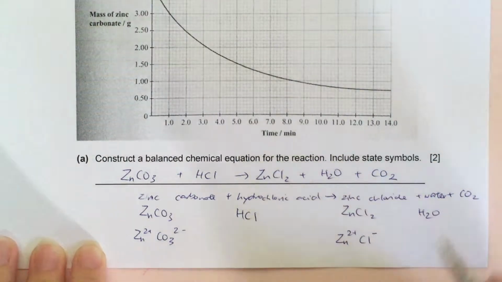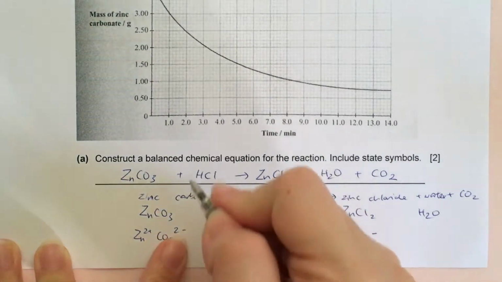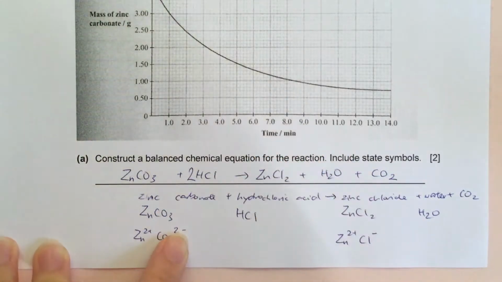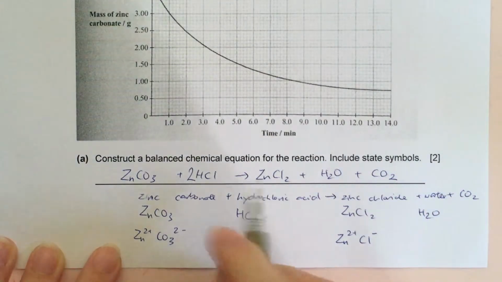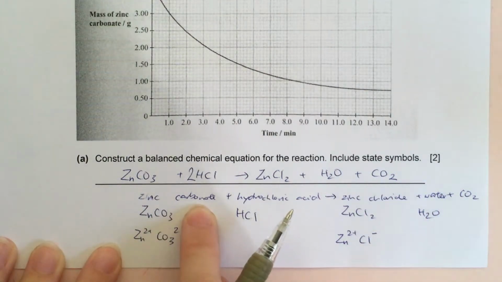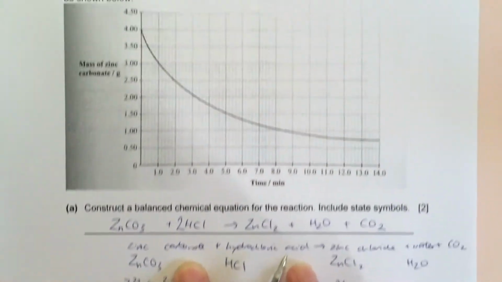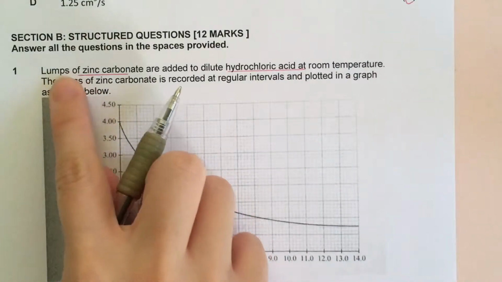And then now you check if the equation is balanced. So by counting, the equation is balanced. We talk about the state symbols.